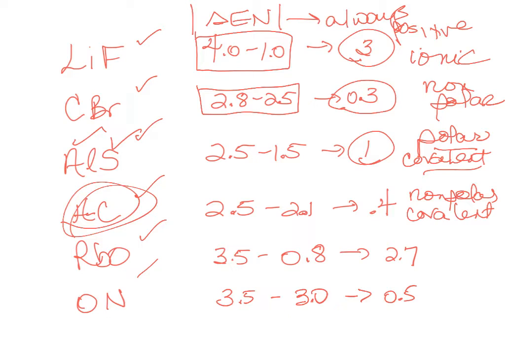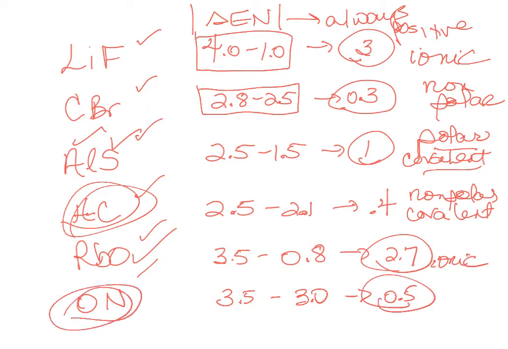Gasoline, wax, oil, and so those are all nonpolar substances, and that's why things like gas and oil don't mix with water, which is very polar. You'll learn later that polar substances prefer other polar substances, and nonpolar substances prefer other nonpolar substances. So here's another ionic, metal and nonmetal. And finally, again, oxygen and nitrogen, just barely polar covalent.